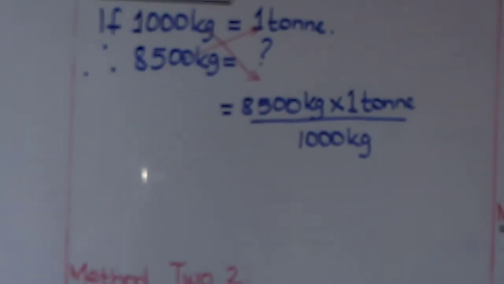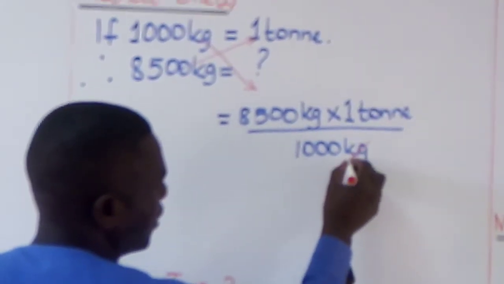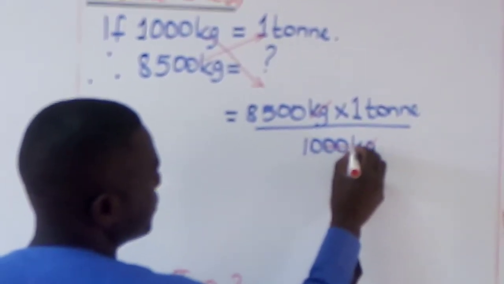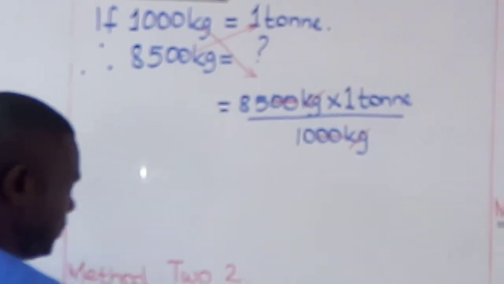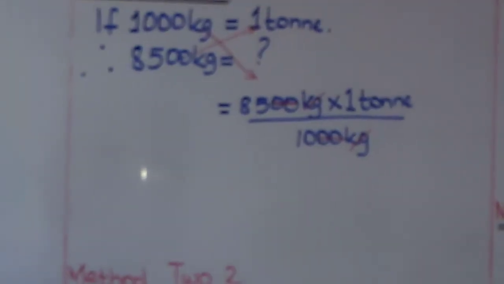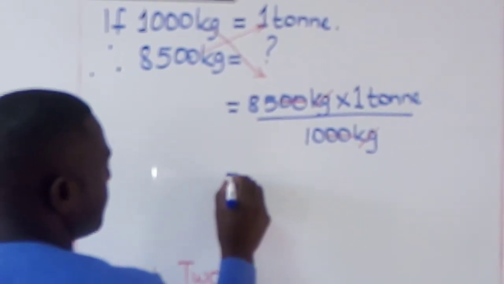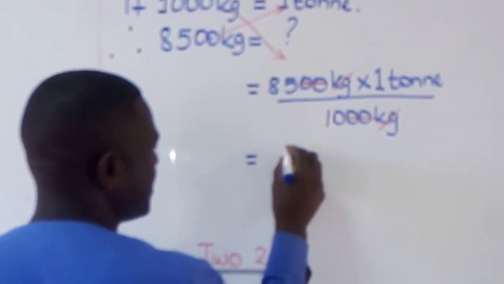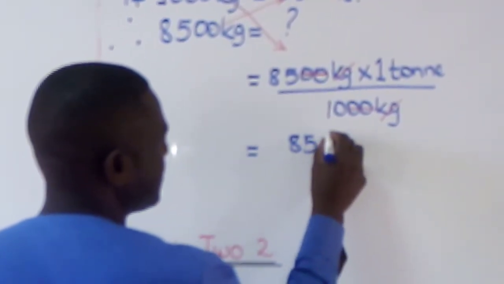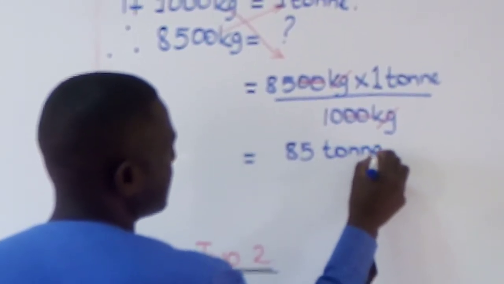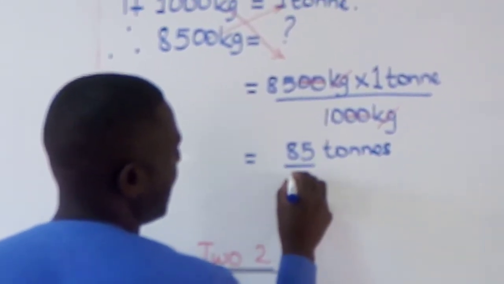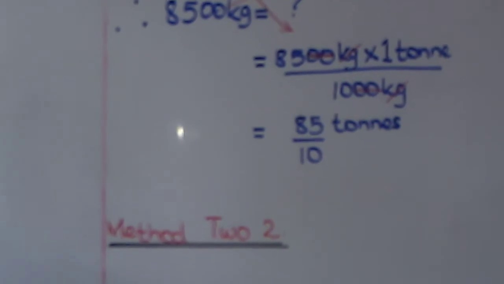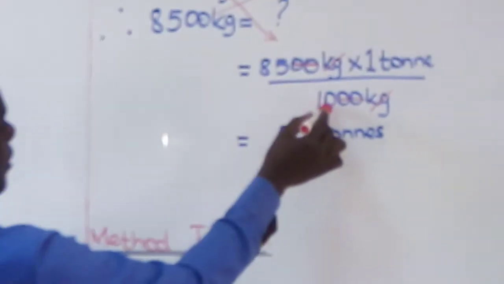I hope you are understanding that. So we cancel the kilograms by the kilograms. Now the 2 zeros and 2 zeros. And so we are left with 85 multiplied by 1 ton over 10, because here we remained with 10.